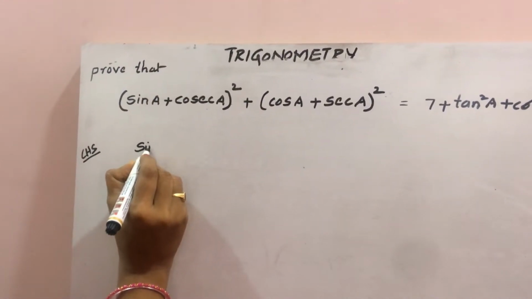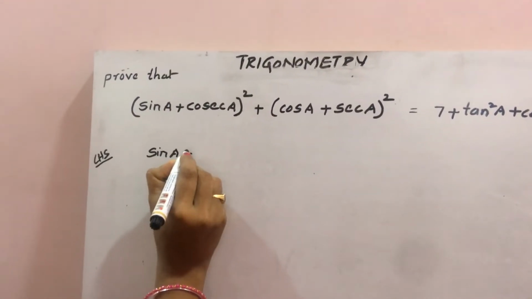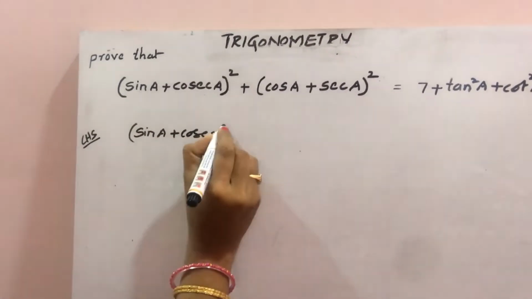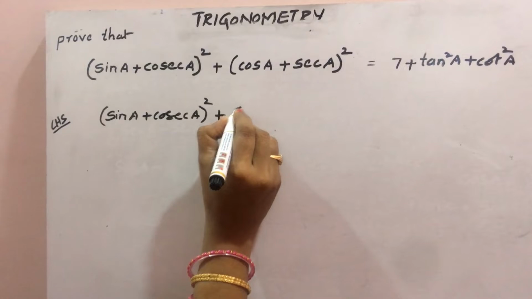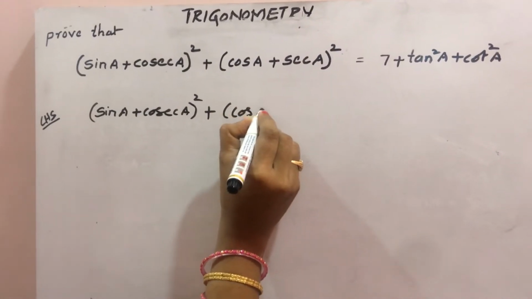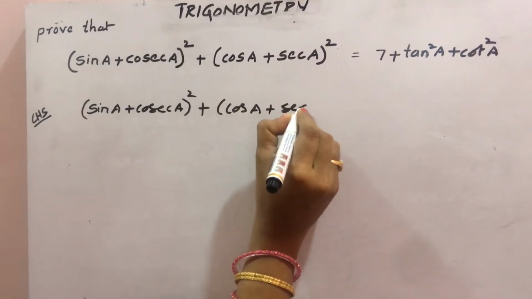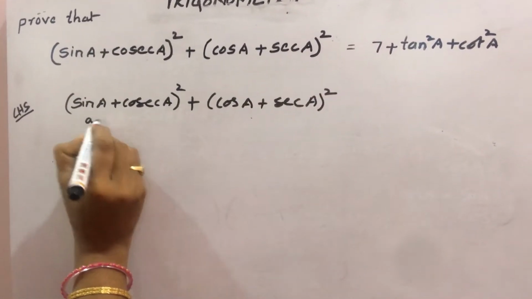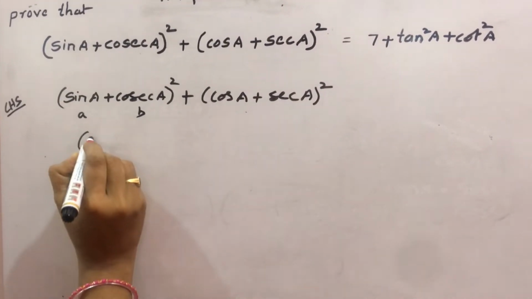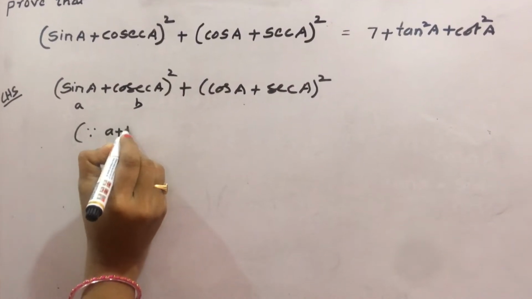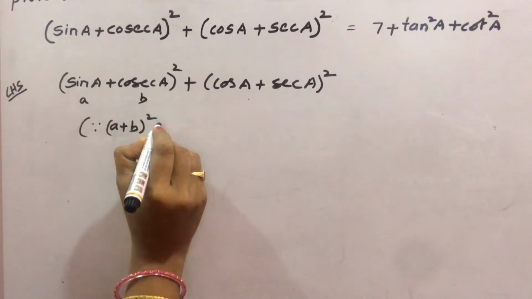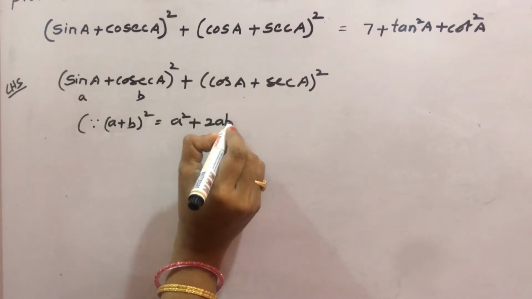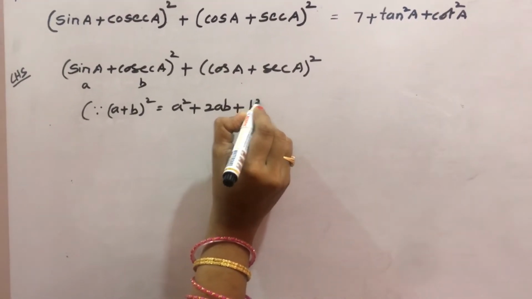LHS is (sin A plus cosec A) whole square plus (cos A plus sec A) whole square. See here, this is in the form of (A plus B) whole square. What is the (A plus B) whole square formula? (A plus B) whole square is equal to, we know, A square plus 2AB plus B square.